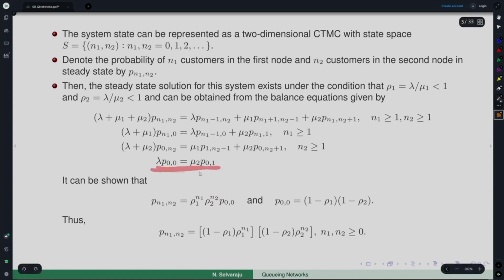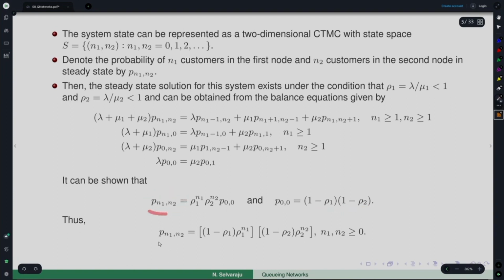For example, from the first equation itself, P01 is rho 2 times P00. Recursively you can go back and obtain this relationship. From the normalization condition, since we already know rho 1 and rho 2 are both strictly less than 1, P00 can be obtained to be (1 minus rho 1) times (1 minus rho 2).